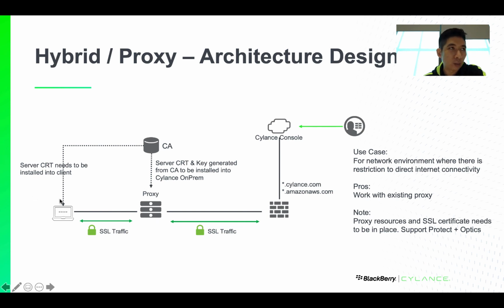Now, this is a very important thing: the host file needs to change. If you have a DNS server, it's good. But when the agent is communicating to the proxy, it has to communicate through FQDN. You cannot use an IP address; it doesn't recognize IP addresses. So you have to let the agent know how to talk to the proxy or the hybrid using FQDN. In this case, we are using cert.cylance.com to communicate to this proxy.